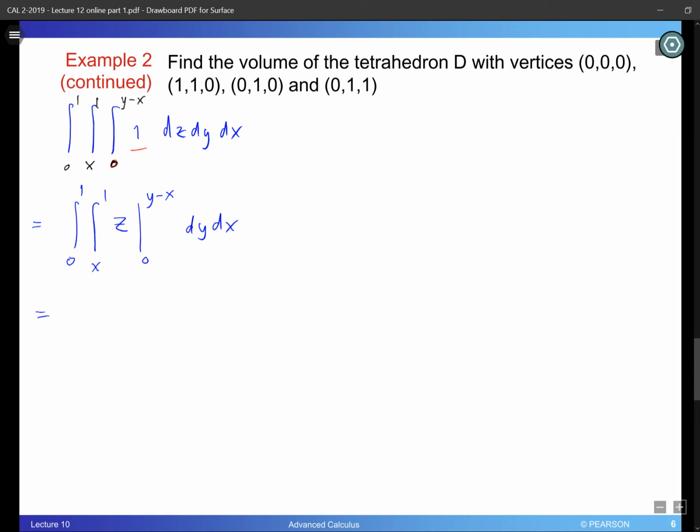Evaluate y minus x as z, so you get y minus x. And 0 goes in, is nothing, so I don't need to worry about that. So I'm supposed to integrate this y minus x twice, with respect to y and then x. So y starts from x to 1 and x starts from 0 to 1. Integrate this y minus x with respect to y. I get y squared over 2 minus xy.